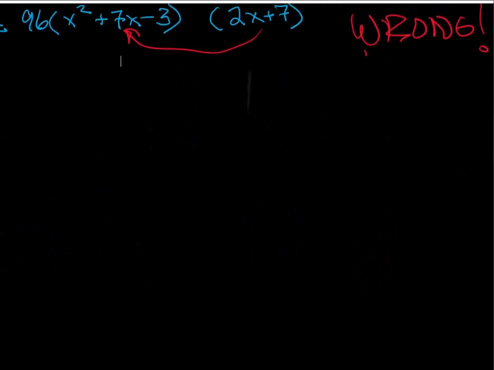Let's take a look at something like this. Let's say we have y equals the cube root of 3x to the 7th minus 16x to the 4th plus e to the 5th.